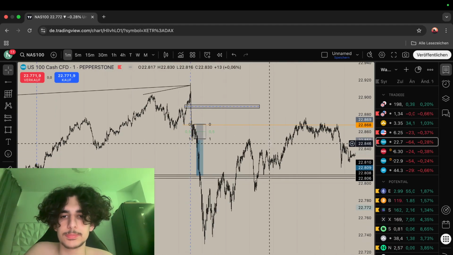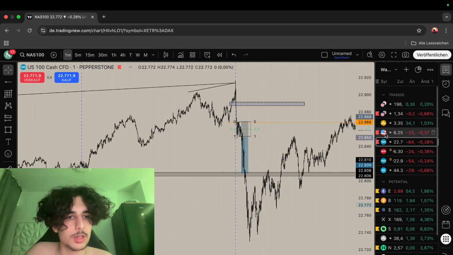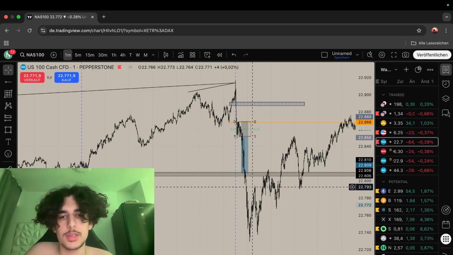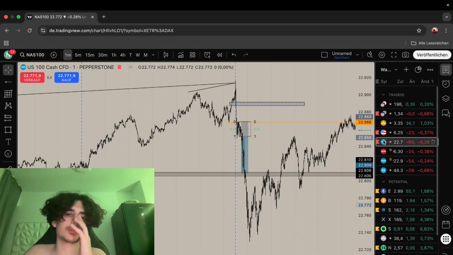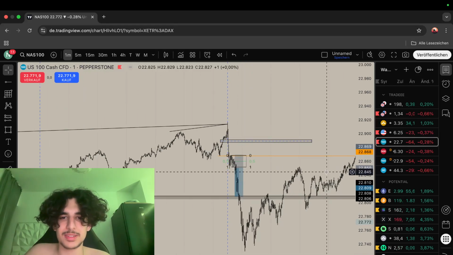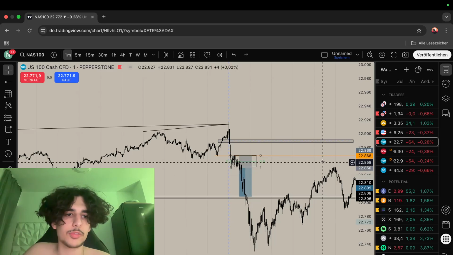That's why I de-risked, because of a potential SMT in the other direction on the S&P and the other way on the Nasdaq. All right, but SMT played out, our bias played out in our favor.